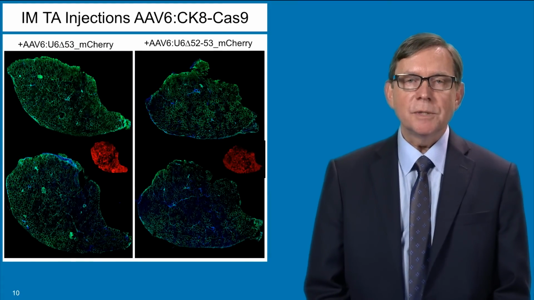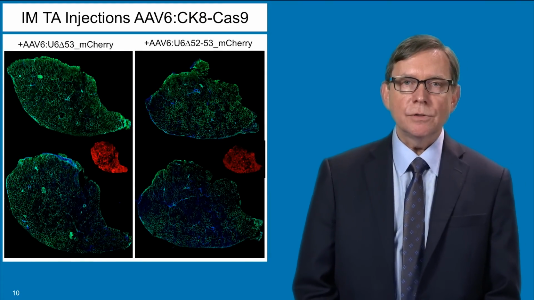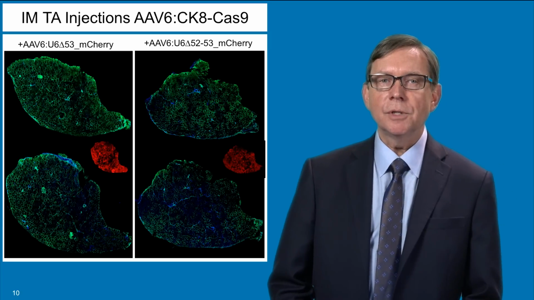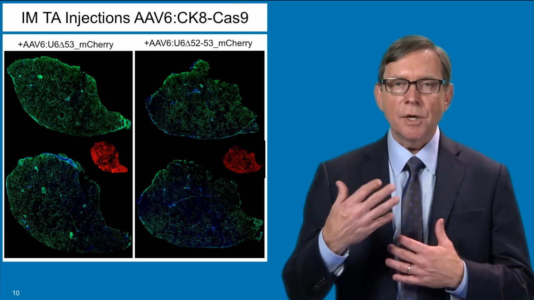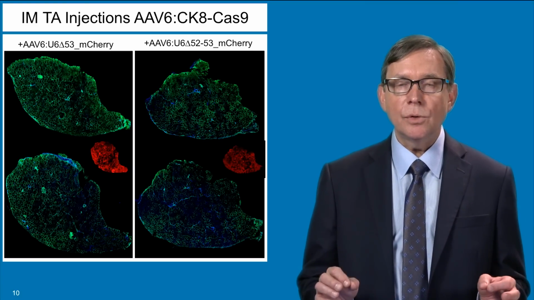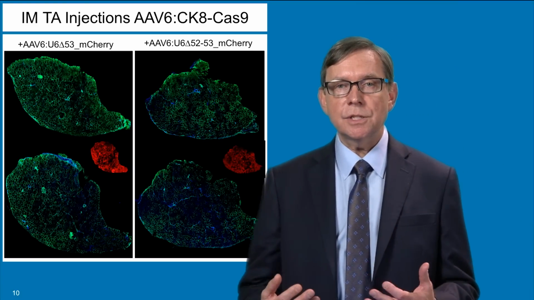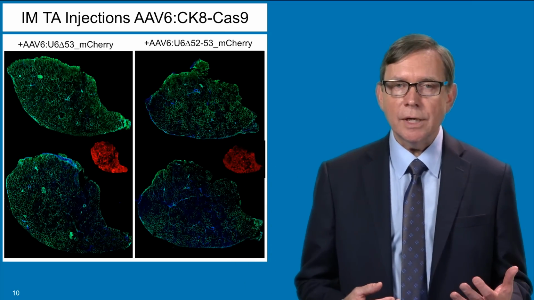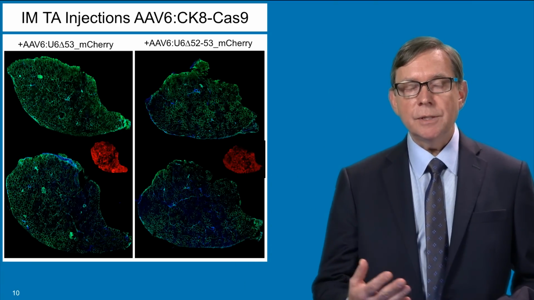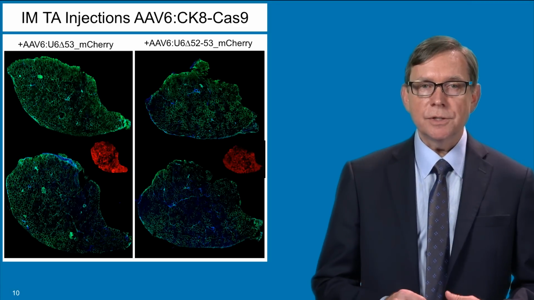So let me show you some examples of how this has worked out so far in actual testing in the MDX mouse model for Duchenne muscular dystrophy. So in this experiment, we took the different AAV vectors we prepared that have components of the CRISPR and the Cas9 system in them and injected them directly into the TA, or the tibialis anterior muscle, of the mouse model with Duchenne muscular dystrophy.